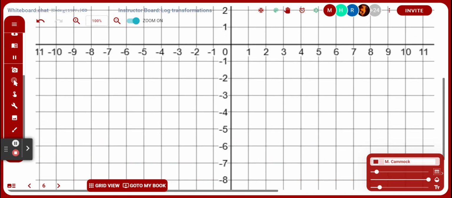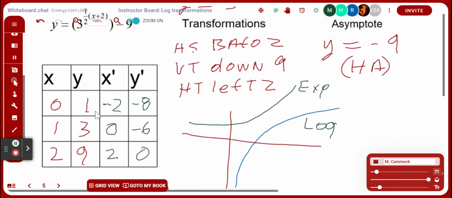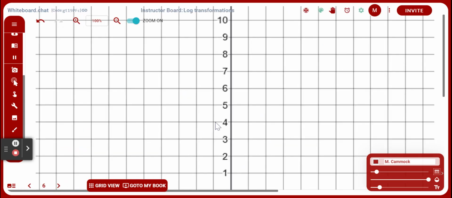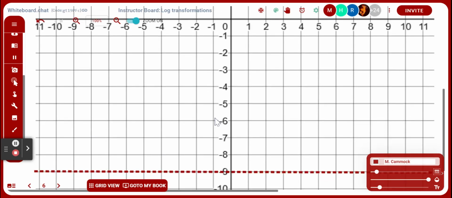So here's my asymptote, horizontal, way down at -9. I'm going to go back and see what my other features were from the table. From the table, I knew it was (-2, -8). I'm going to put that point on. Let me change this back to the pointer now.